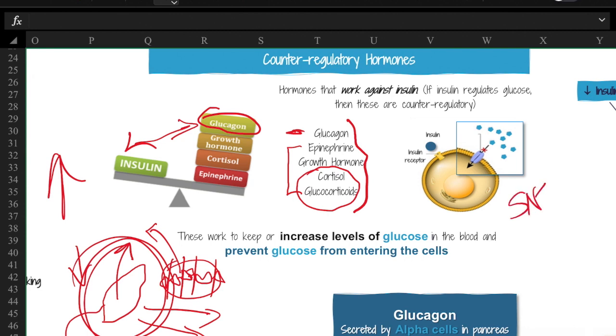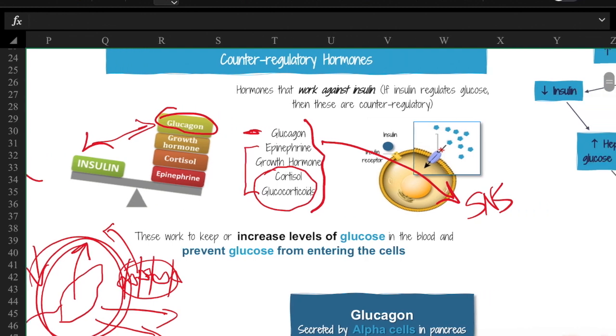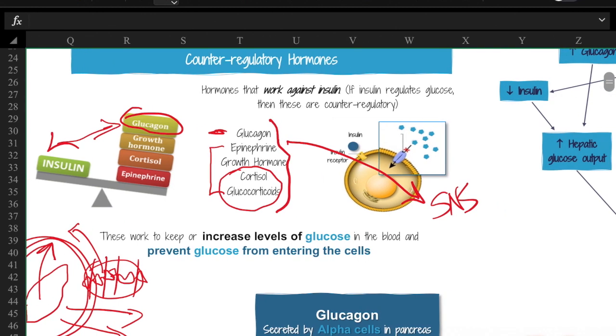It's that sympathetic nervous system response to some kind of stress on the body. So if you just think about it logically, when the body is experiencing a fight or flight response, it needs all of the energy it can possibly get to be available in the blood so that it can be used. And so epinephrine will stimulate glycogenolysis as well.